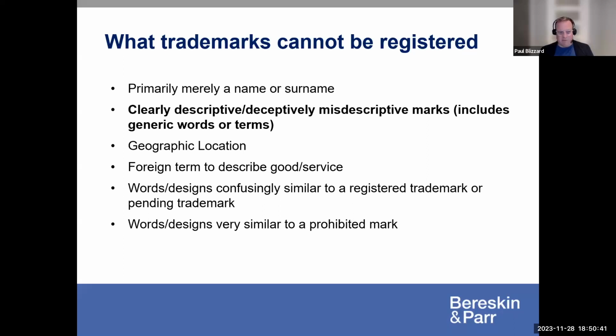Trademarks that refer to geographic locations are similarly problematic, as are foreign language terms that describe the good or service, for example a translation of the word from another language. Another thing that cannot be registered is words and designs that are confusingly similar to another registered or pending trademark, and words or designs that are similar to a prohibited mark. So there are some prohibited marks.